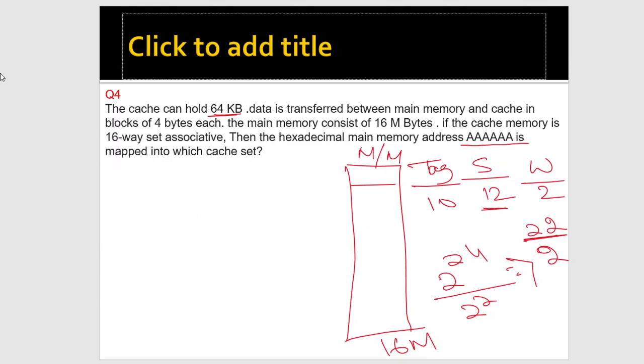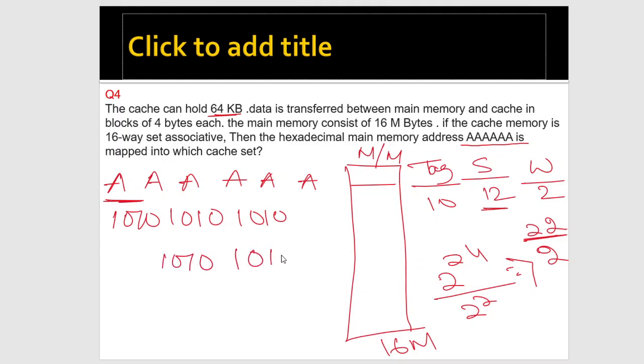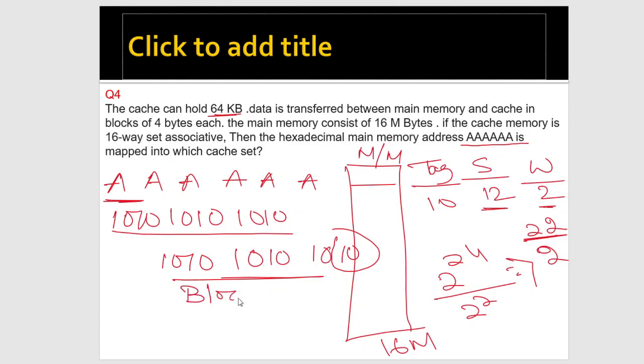So I have to draw it first. A, how many As? 1, 2, 3, 6. The binary equivalent of this is 1010, 1010, 1010 and so on. And the word size is how much? 2. This is my word size, and this will be my block size. Clear? This is the way I represent it. So this is my block information, or you can say block address, and this is my block offset address, or word address.